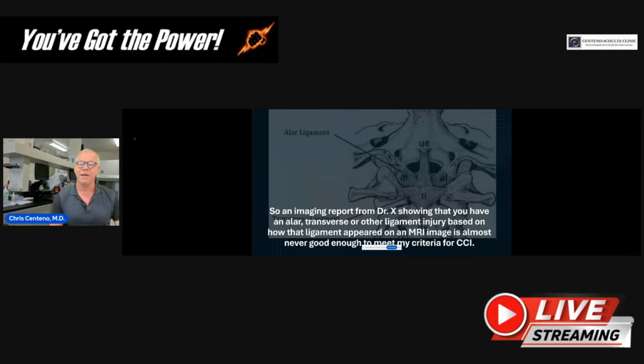They'll come in, they're like, well, I got my imaging report from Dr. X and it says here that my alar ligament is injured or damaged. And I look at that and I say, okay, well, that's interesting, but we're going to have to see how your alar ligament functions on movement-based imaging before I can make the determination that you have CCI.